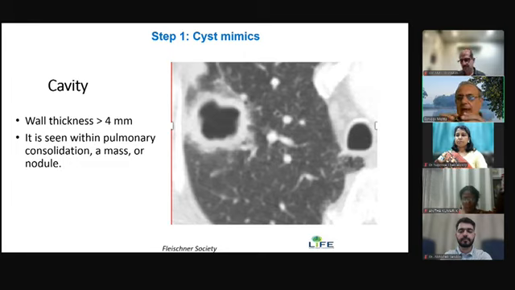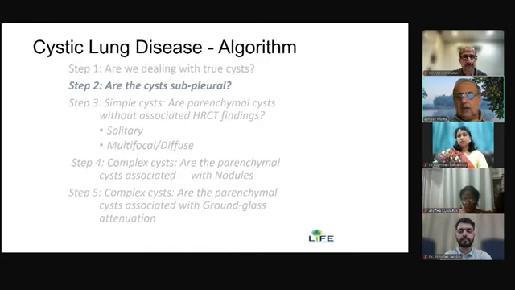Whereas a cyst is an area of breakdown of lung, a cavity is usually a breakdown of pathology. So it is seen inside a pulmonary consolidation, it is seen inside a mass lesion or a nodule. Once we do that, then we know that this is not a true cyst. And if you stick to the 2 millimeter and 1 millimeter definition of cyst wall, you will not make a mistake with the cavity. I think those are the 2-3 things you wanted to ask.